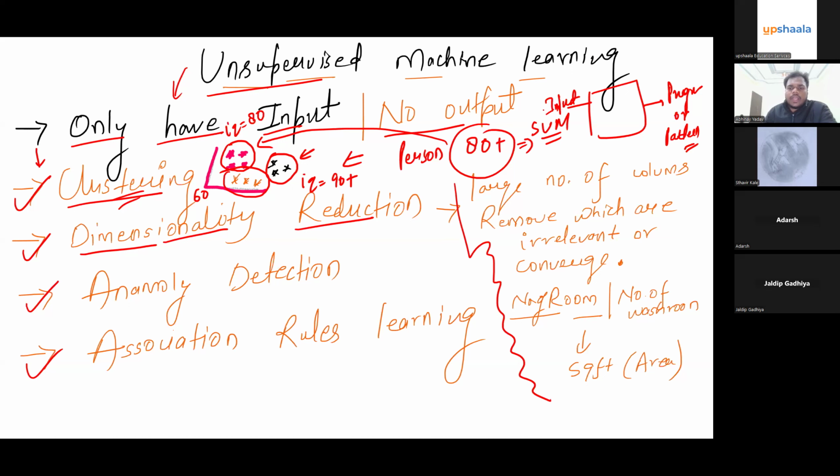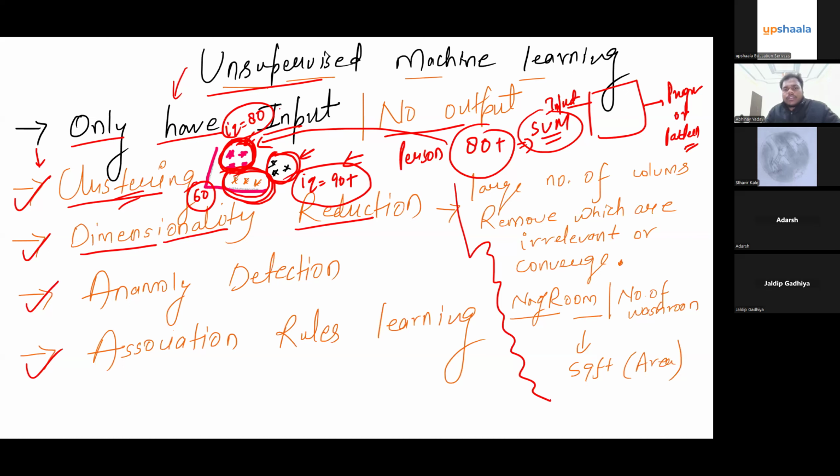We will see what kind of pattern it is generating. When the new person comes, he will jump to the category reflecting the IQ of 80. This pattern reflects an IQ greater than 90 plus, this pattern reflects an IQ of 60, and this one reflects an IQ of 80.